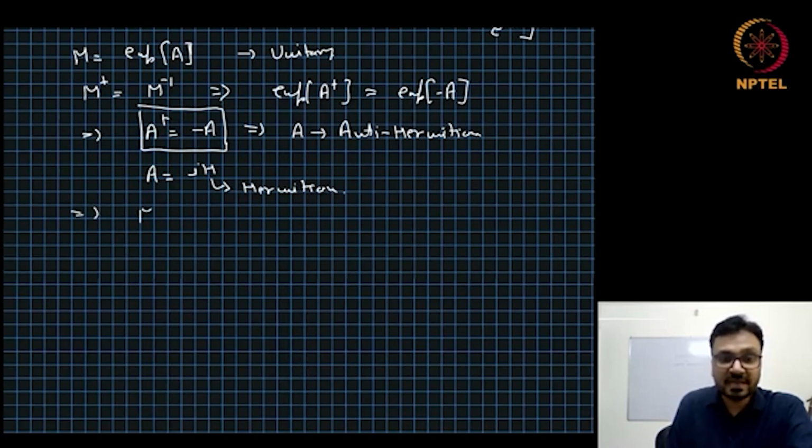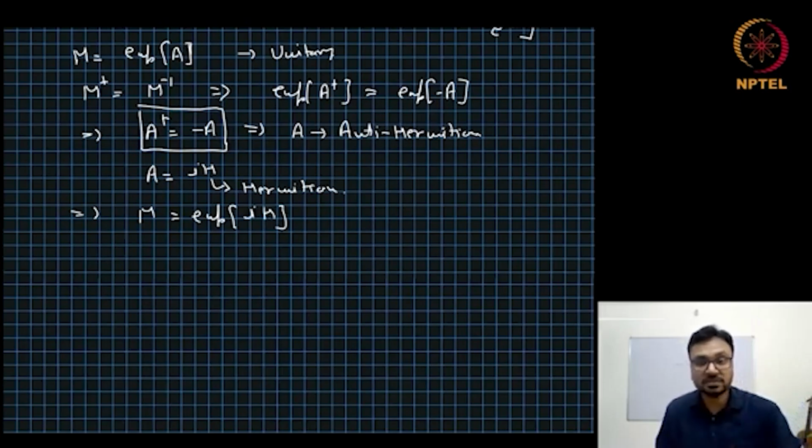This implies that any unitary operator M can be written as exponential of iH, where H is Hermitian and M is unitary.